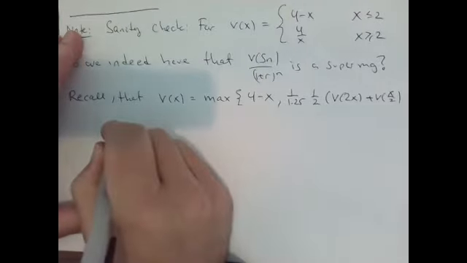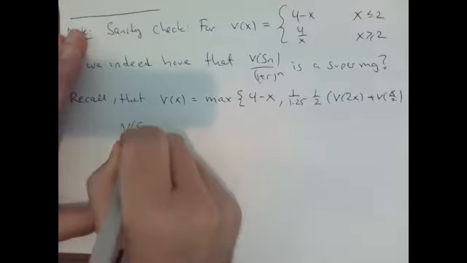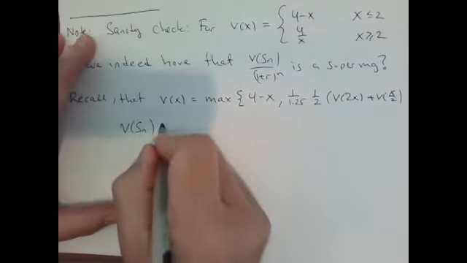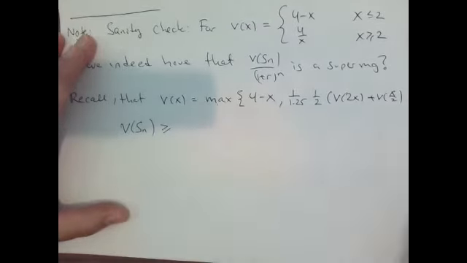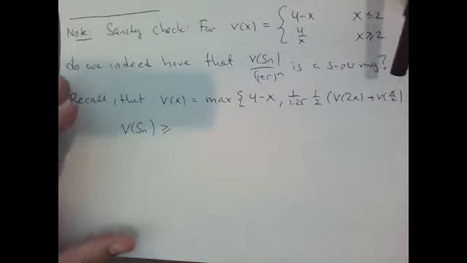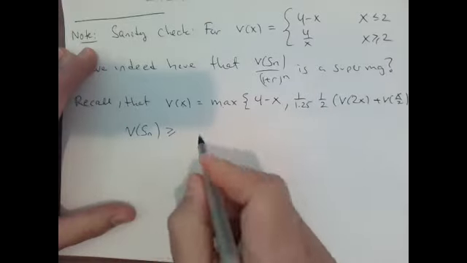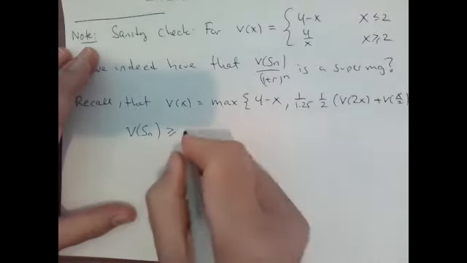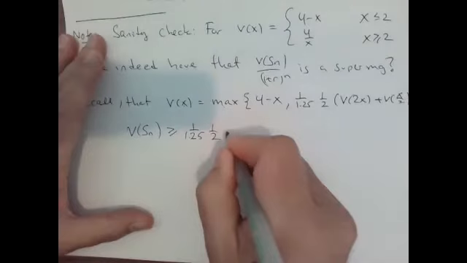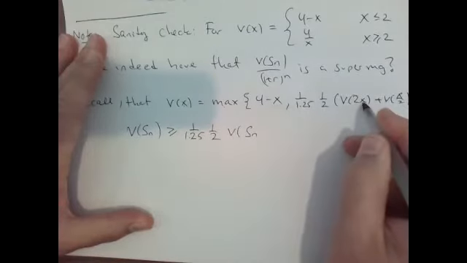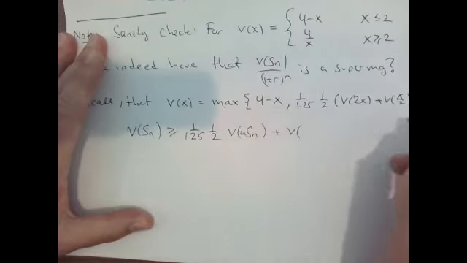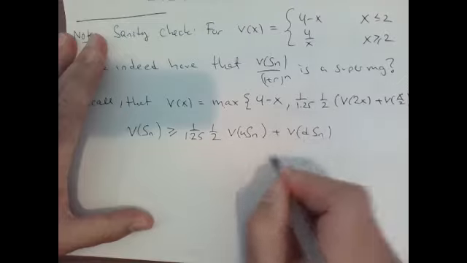So I'll have that V of Sn is equal to the max, right? So it's going to be bigger than or equal to, if I take x to be Sn and throw away the first part, 1 over 1.25 times 1 over 2 times V of Sn times 2, so that was my u, plus V of d times Sn.